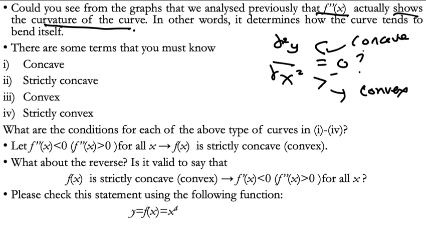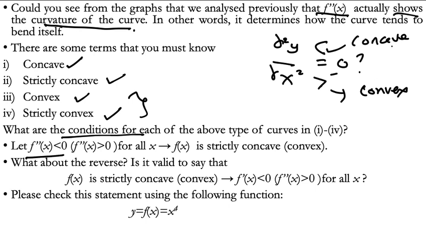Now there are some terms that you must know: concave, strictly concave, convex, strictly convex. But what's the difference between convex and strictly convex? Then we are looking at the conditions for each of the above types of curves. So here, let's say f double prime of x is less than 0.